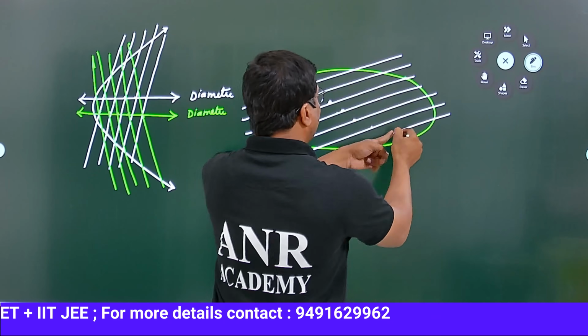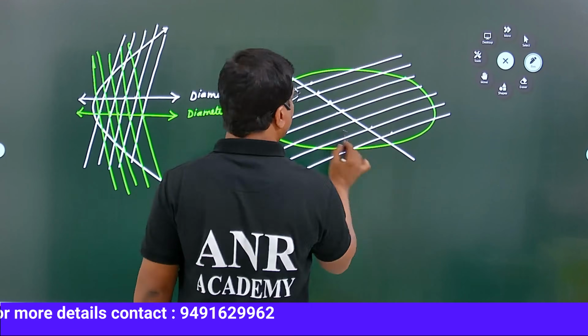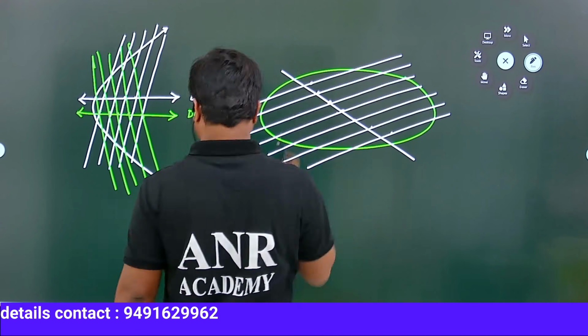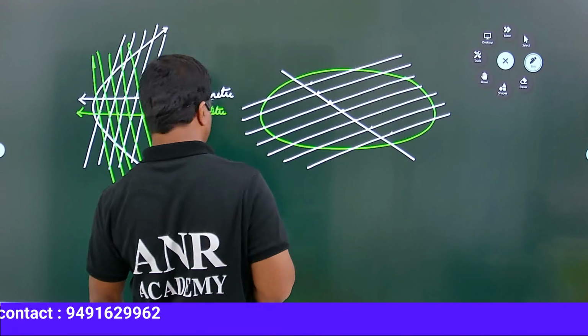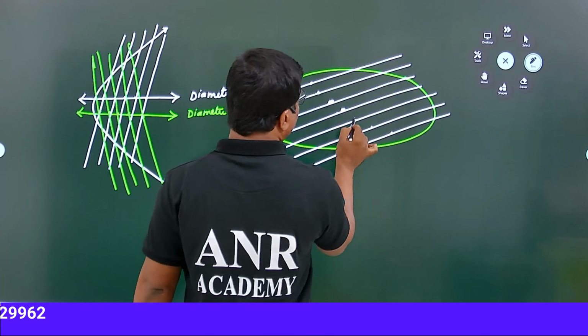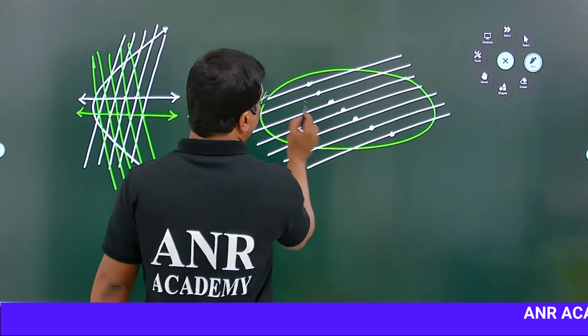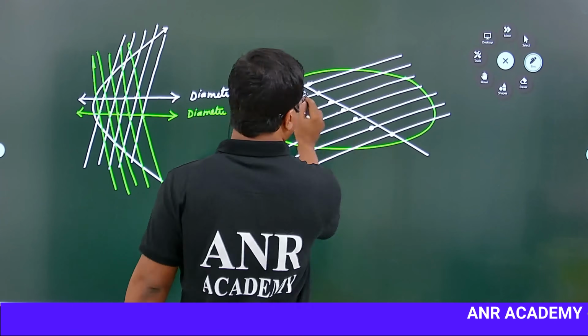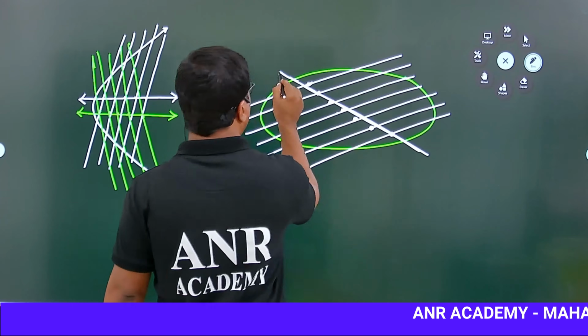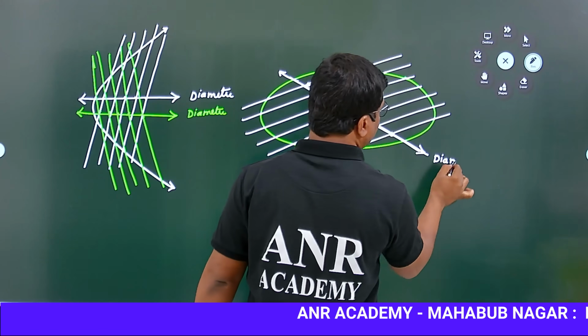Next for the last one we get here. So joining all these points we get a line. This is known as diameter. Okay.